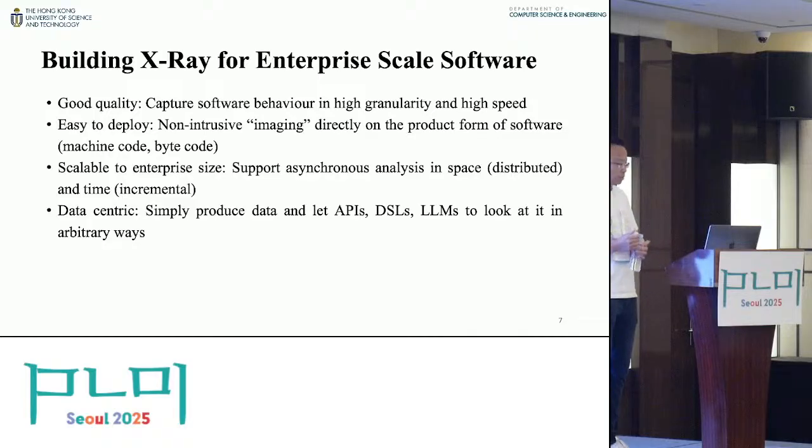Otherwise, it's impossible to handle the scale. Also, the goal of static analysis is to produce general forms of data, and we're going to let APIs, DSLs, even LLMs look at it in any way they like.